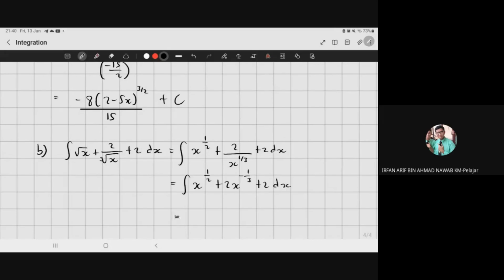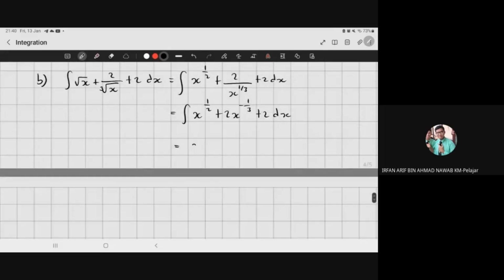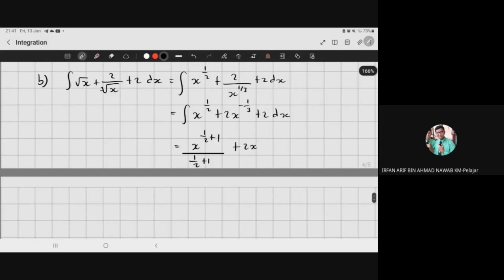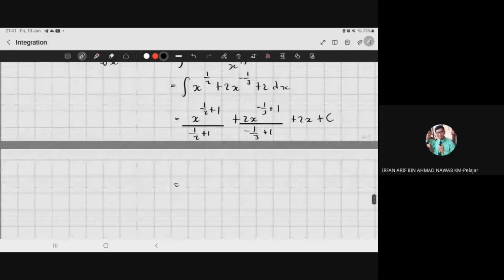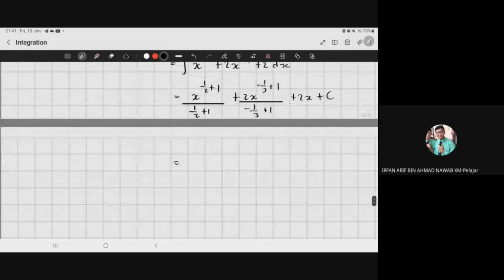Integrate, then I think you should get x to the power of 1 over 2 plus 1 over 1 over 2 plus 1, plus 2x to the power of negative 1 over 3 plus 1 over negative 1 over 3 plus 1, plus 2x plus c.